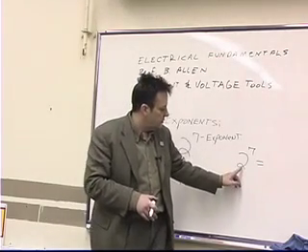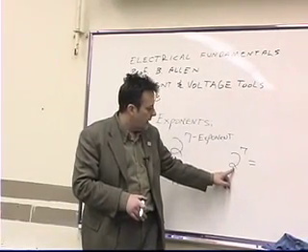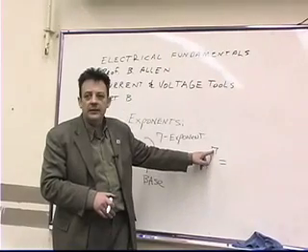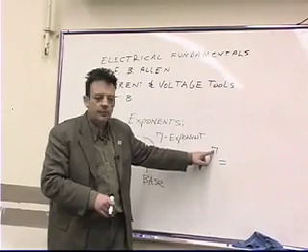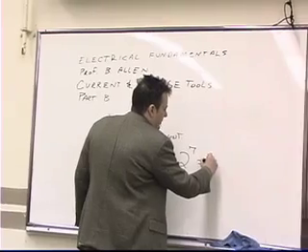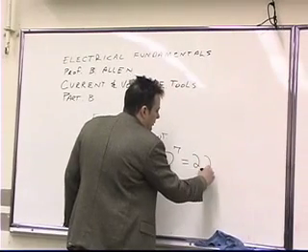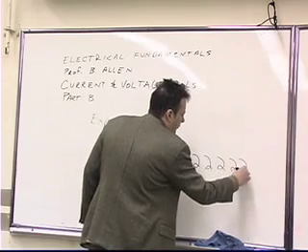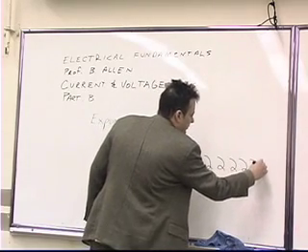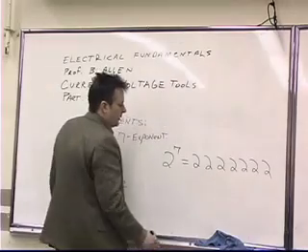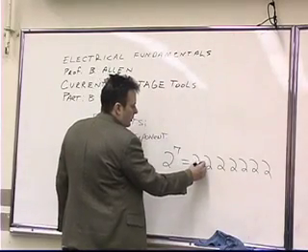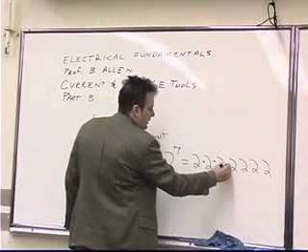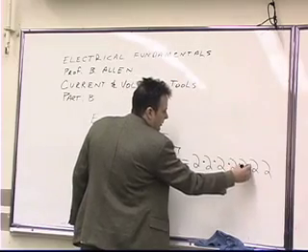It means 2 multiplied by itself this many times. So we're going to have seven 2's. 1, 2, 3, 4, 5, 6, 7. And we're going to put a little dot in between each one of the 2's.